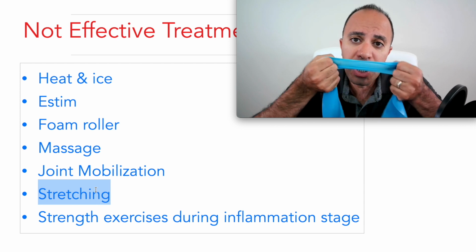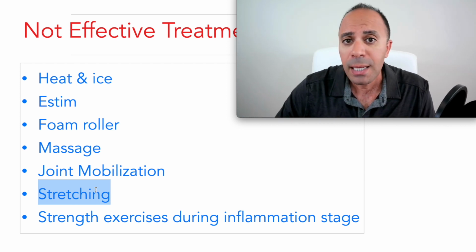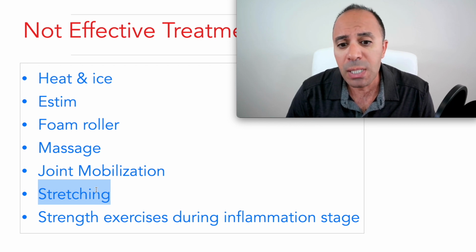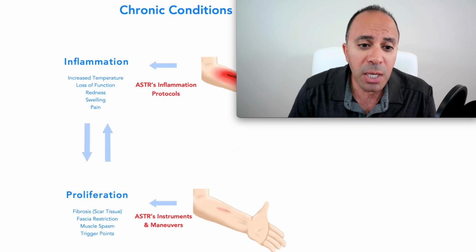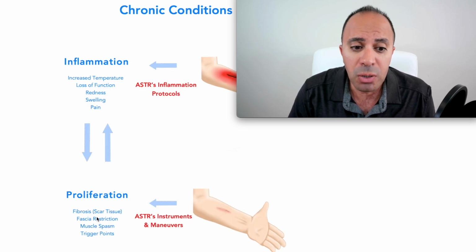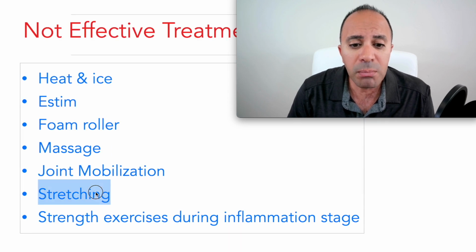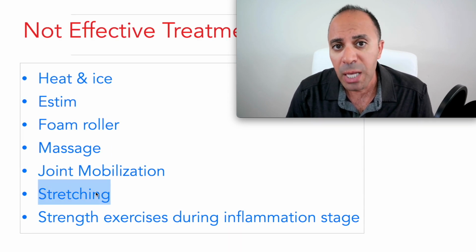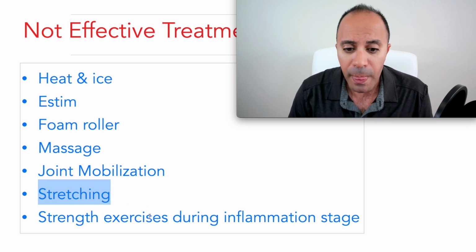If you stretch it, that tear could increase. And based on studies, stretching actually causes more inflammation. If you cause more inflammation, you're going to cause more scar tissue and get into the same vicious cycle. That's why I don't recommend stretching to my patients. There are other safe options than stretching.